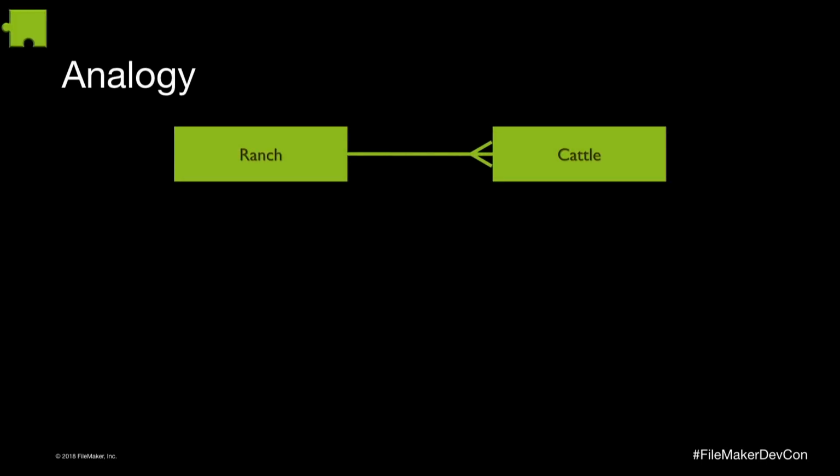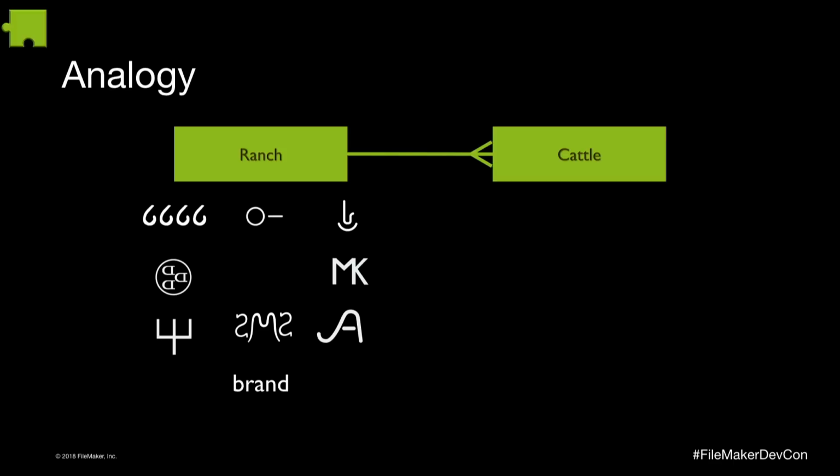So let's look at an analogy for a one-to-many relationship and these primary and foreign keys appropriate to our current location. We look at cattle ranches and the cattle that they contain. We've got to find some way of uniquely identifying a cattle ranch, and of course, what cattle ranchers use is a brand.